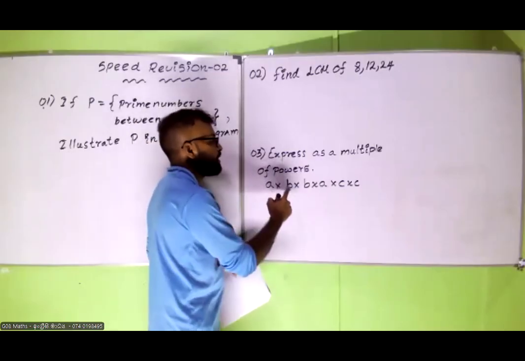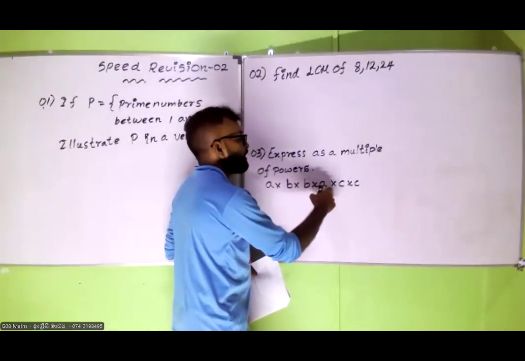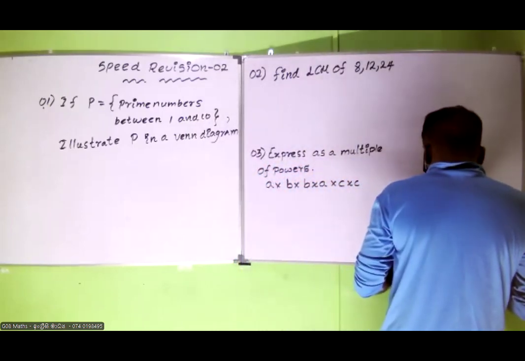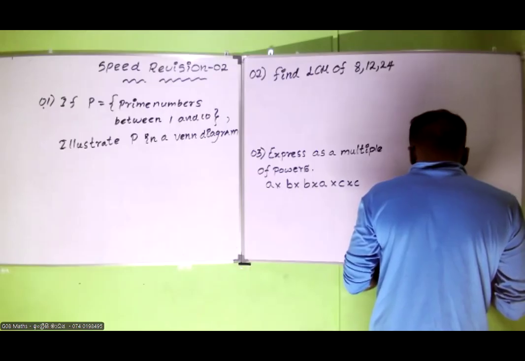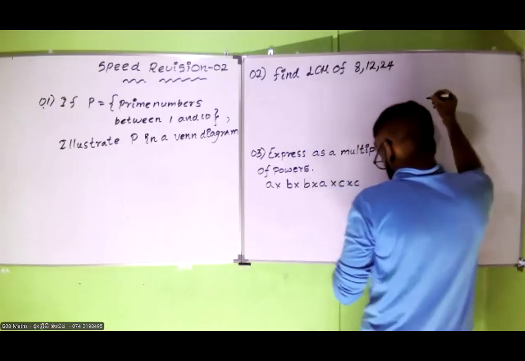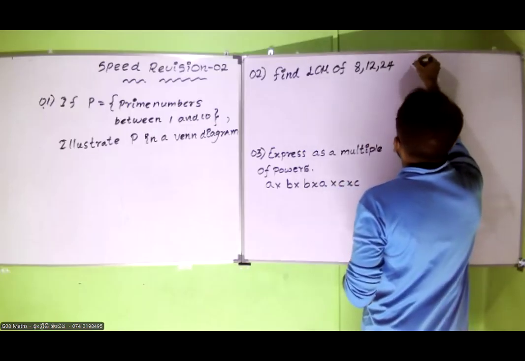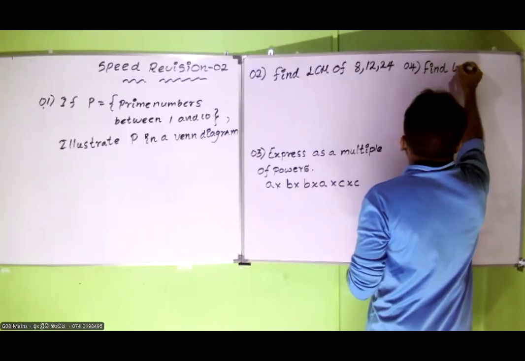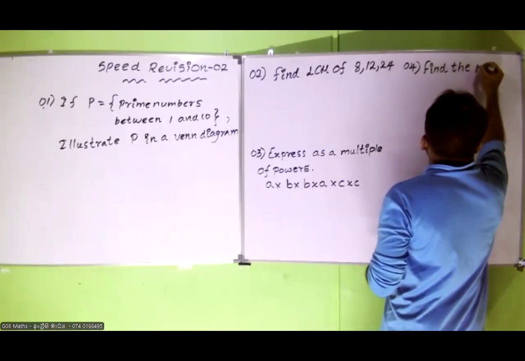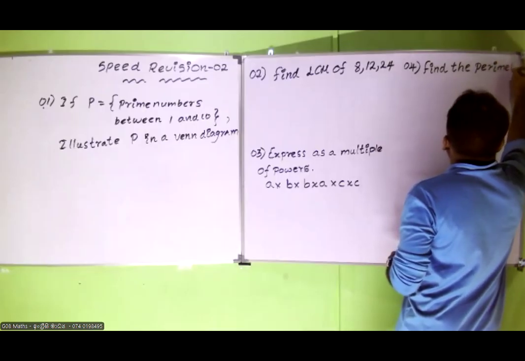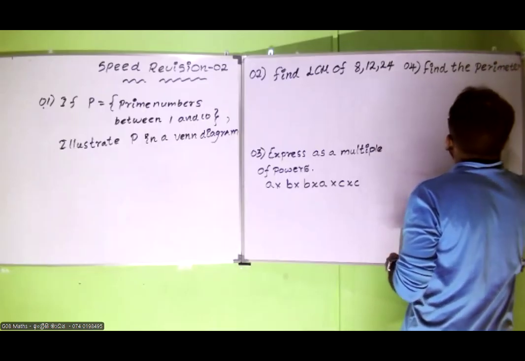A times B times B times A times C times C. Find the perimeter.